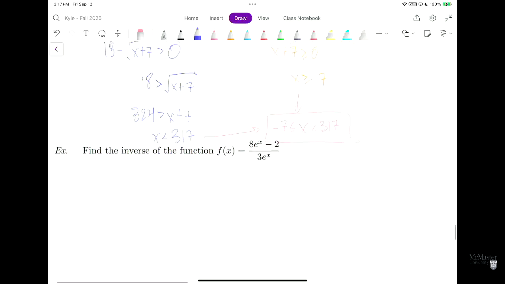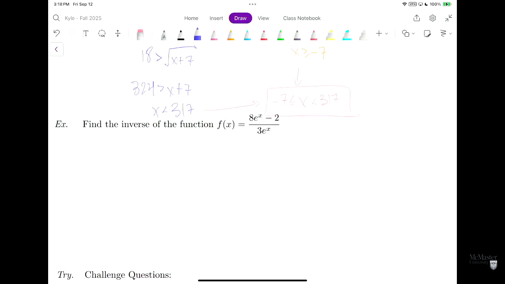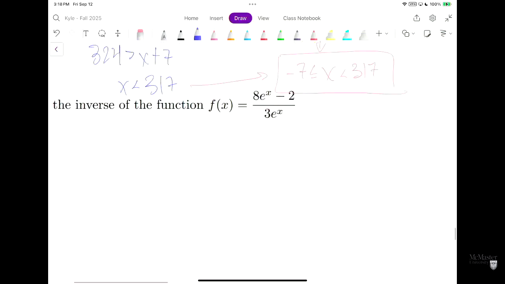So, let's find the inverse of this function. I know we talked earlier about how it's difficult to find inverses of a lot of functions. This is a function where we are able to find the inverse. The way we're going to do that is by doing a clever rewrite. What's difficult about this one is we have the x in 2 different places. We're going to try and find a way to write it so there's only an x in one place.